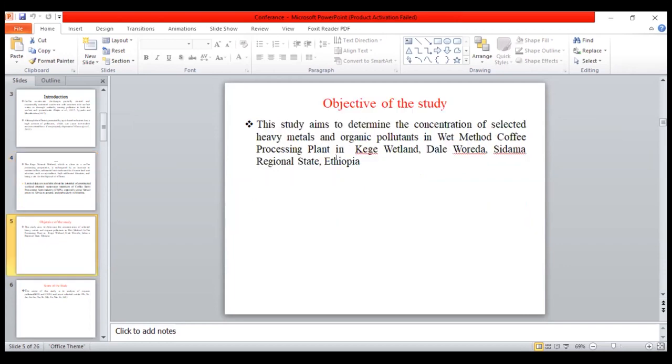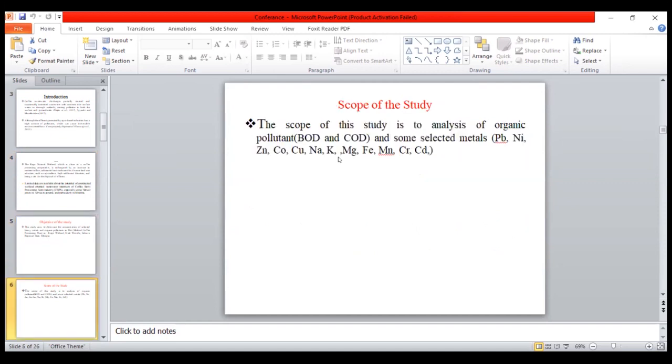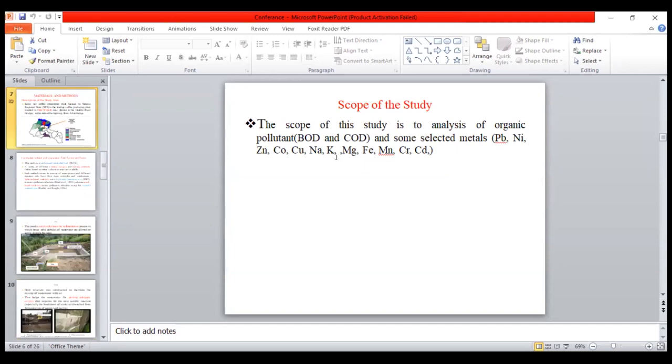The objective of this study is to determine the concentration of selected heavy metals and organic pollutants in wet method coffee processing in Kage wetland. The scope of this study is to analyze organic pollutants and some selected heavy metals.